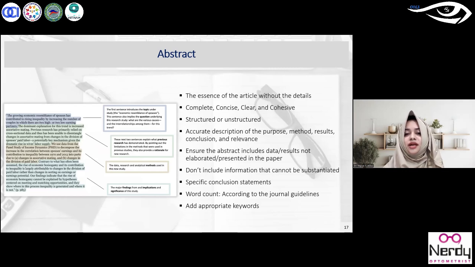The abstract can be structured with sections like purpose, methods, and conclusions, or even unstructured with no subheadings, put in single paragraph mode. The abstract is a very key aspect of the paper and helps readers decide whether they want to read the rest of the paper.